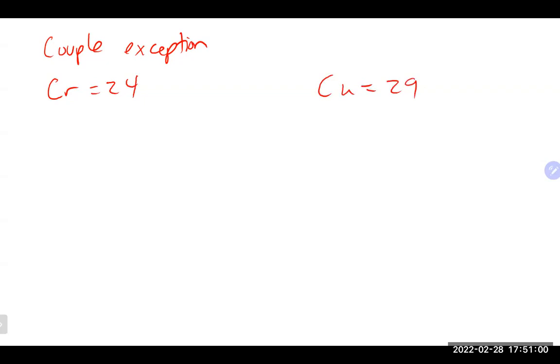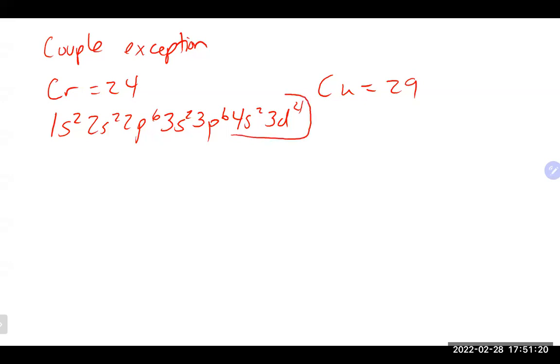So if you follow the zigzag thing that we just made there with the arrows like we've been doing, you would write the electron configuration as 1s2, 2s2, 2p6, 3s2, 3p6, 4s2, 3d4. And the exception with chromium happens right here.